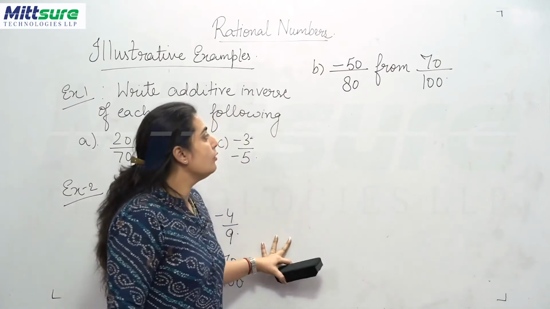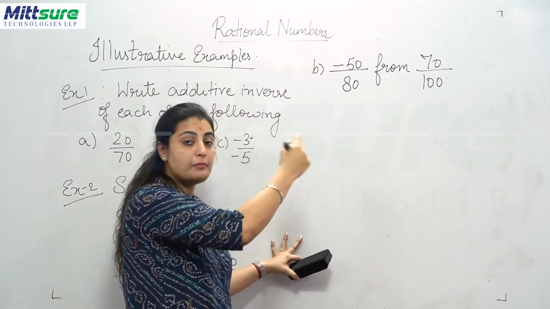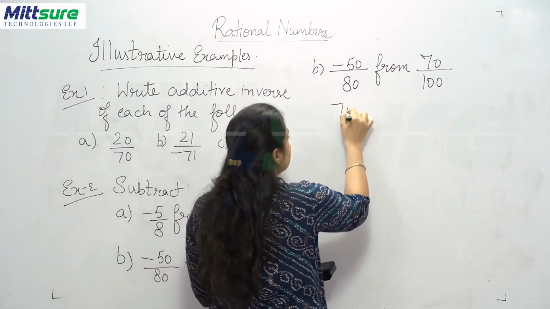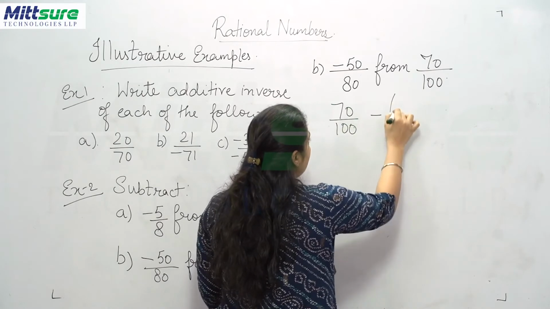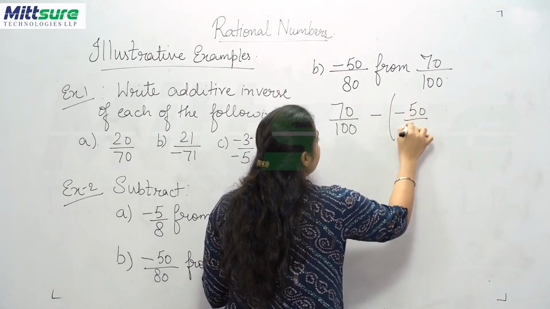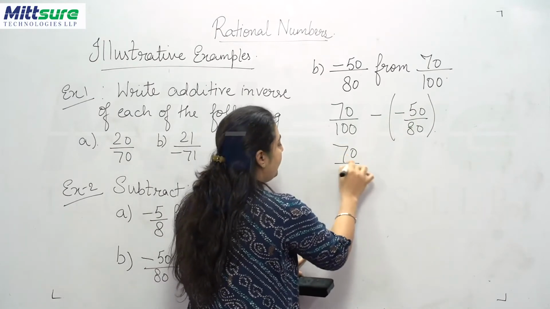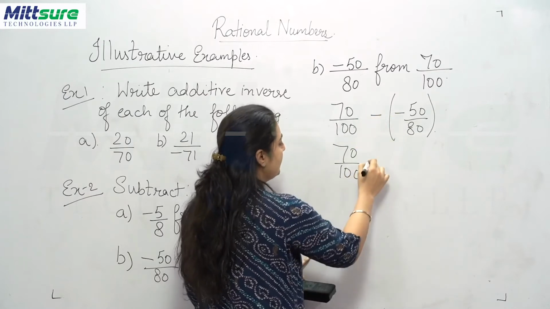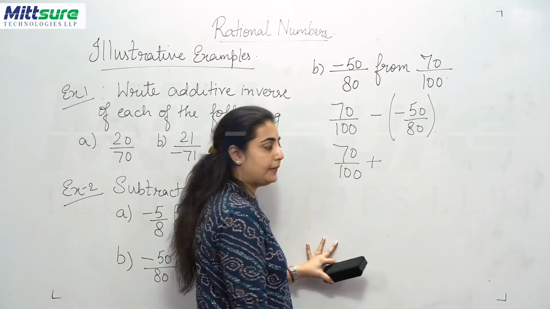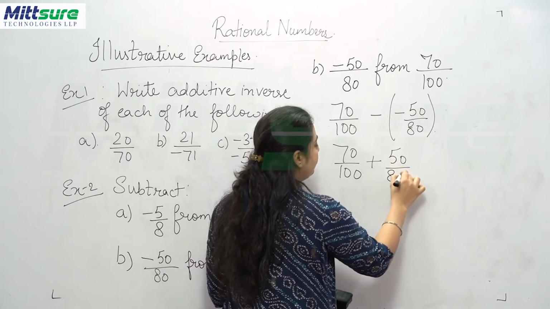Okay, so again the rational number which is written after from will be placed first. 70 upon 100 minus, inside the bracket, minus 50 upon 80. This minus got multiplied with this minus and a positive sign came in. After that, 50 upon 80.